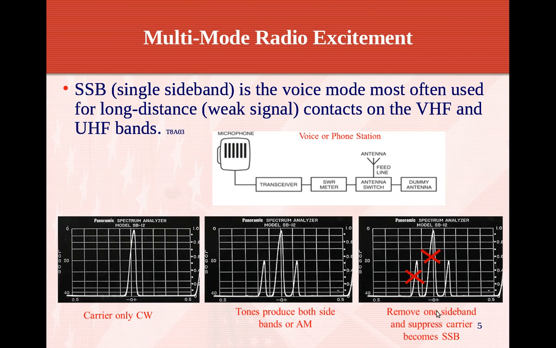You have a second oscillator in your receiver that you add onto the sideband signal that you're receiving, and it recreates that in your receiving radio. So the nice thing about single sideband is it concentrates all that power into one of the sidebands.